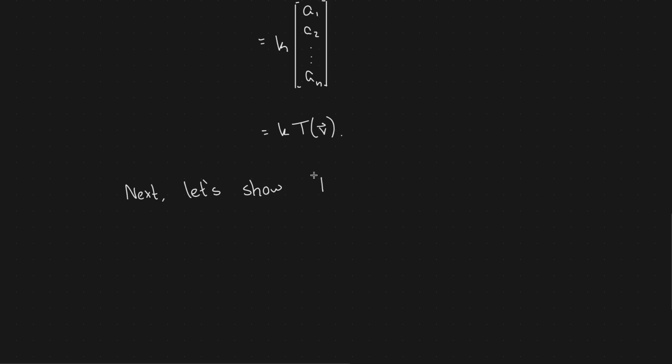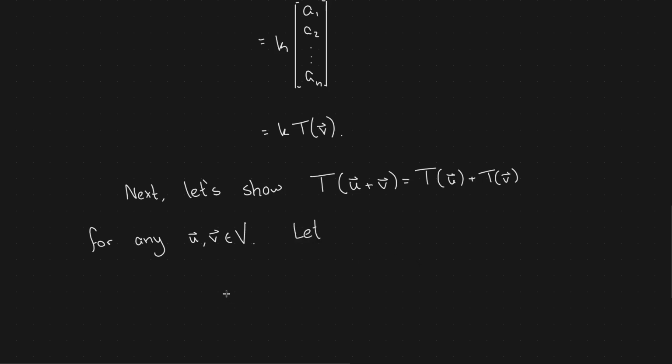Next, let's show that the transformation of the sum of vectors is equal to the transformation of u plus the transformation of v for any vectors u and v in vector space V. All right, so I'm going to start by defining the linear combination of the basis that gives us vector u, that gives us vector v.